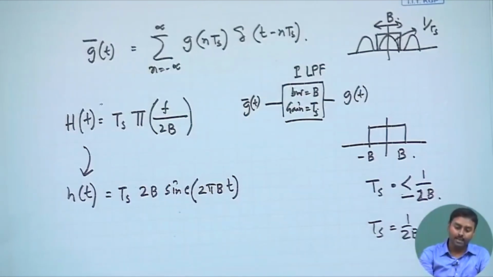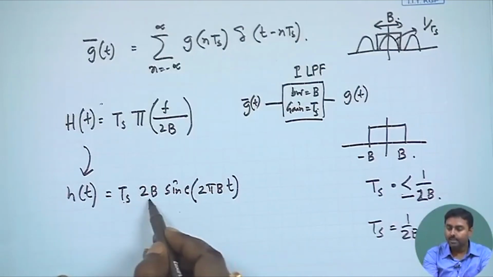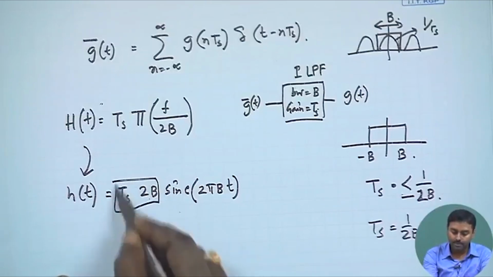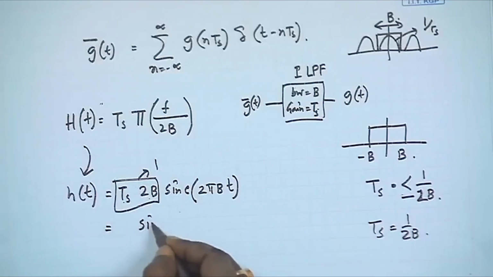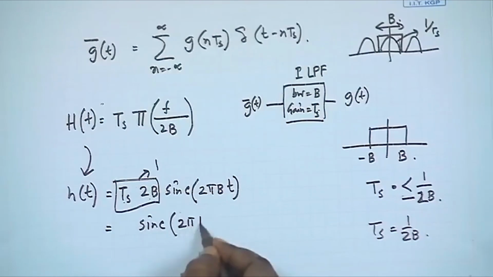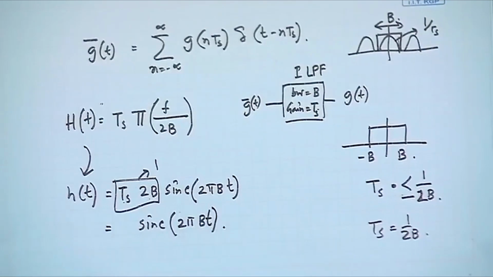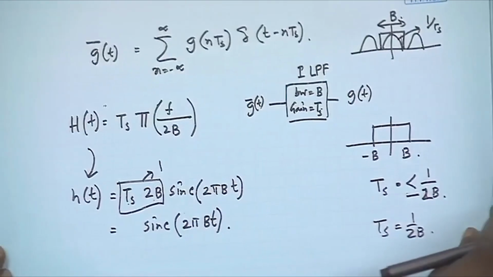So, let us say we have done this sampling just with the Nyquist sampling rate. Then Ts is equal to 1 by 2b. So, this becomes 1. So, I can write this as sinc 2 pi bt, right. So, this is all fine.